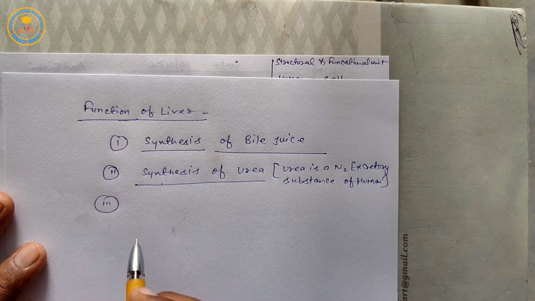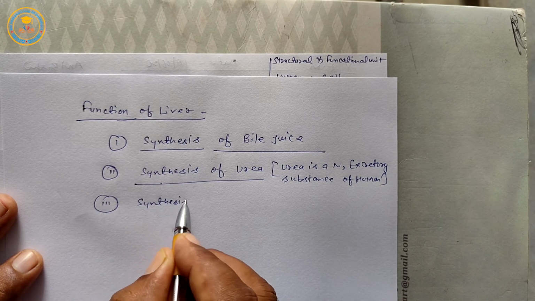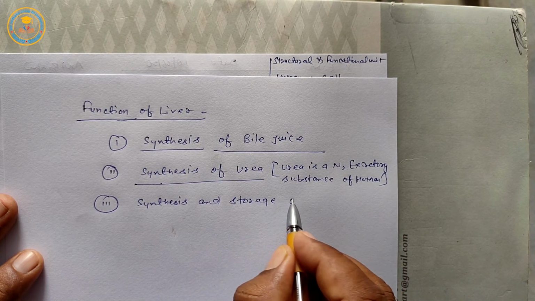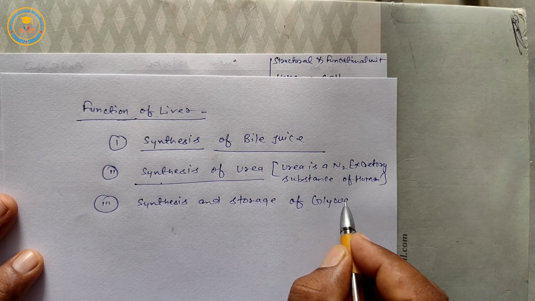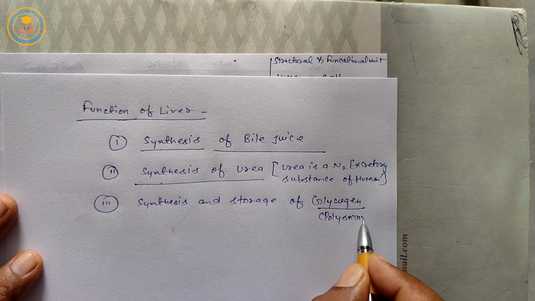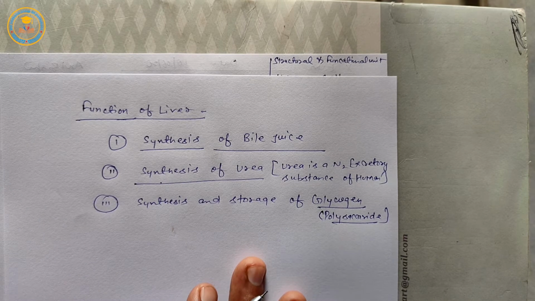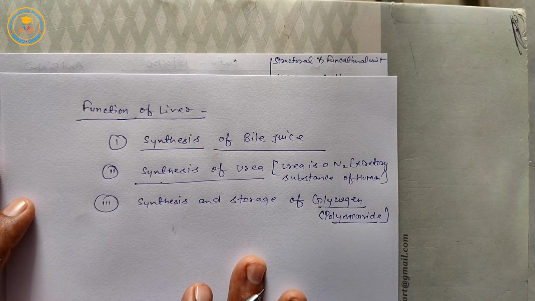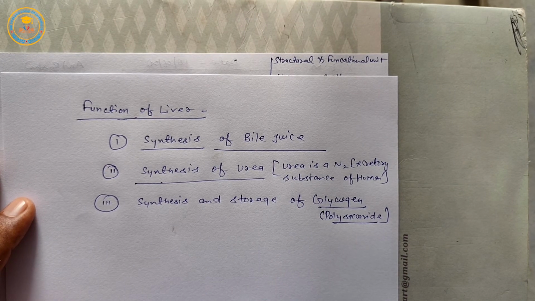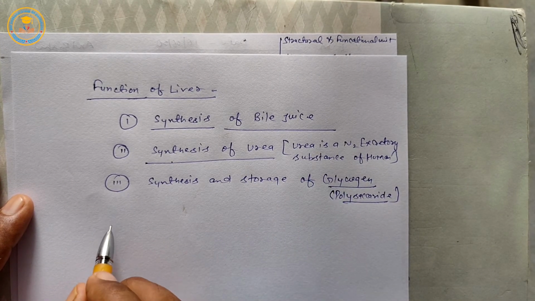Next is synthesis and storage of glycogen. It is a polysaccharide. When thousands plus glucose molecules are bound by glycosidic bonds, they form a polysaccharide. It means glycogen is an example of polysaccharide.